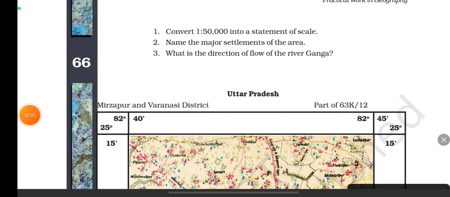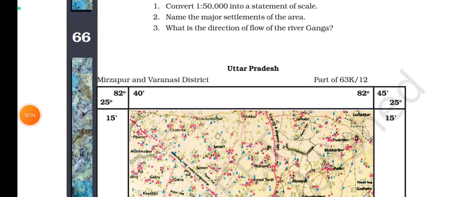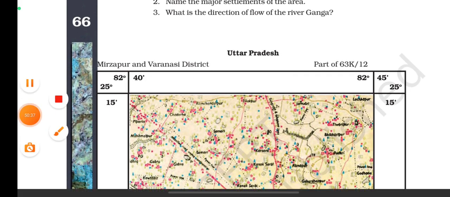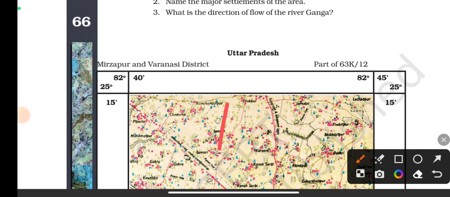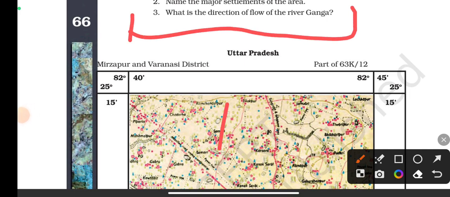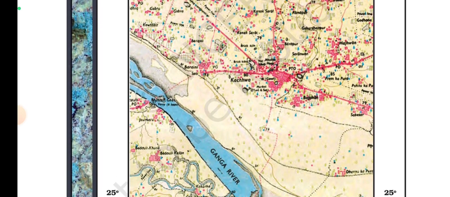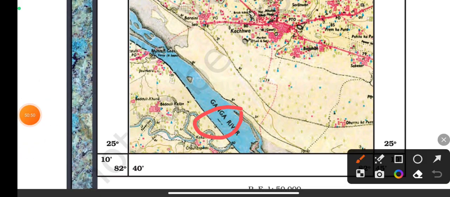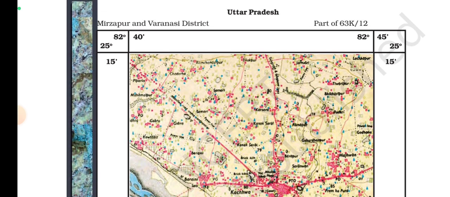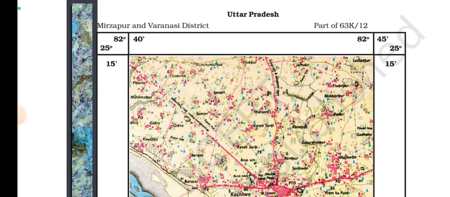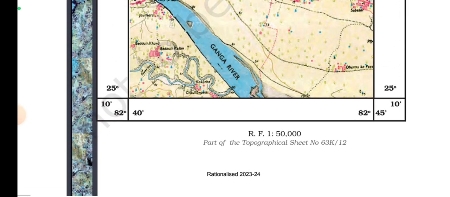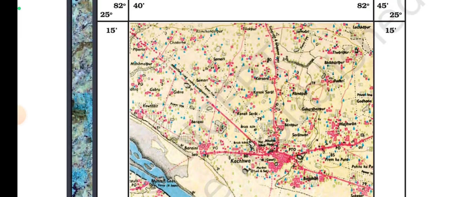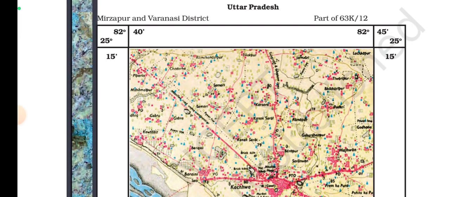And what is the direction of flow of the river Ganga? डायरेक्शन आपको पूछा गया है. तो ये तीनों एक्सरसाइज ये इस मैप के थ्रू आप कर सकते हो ना. गंगा रिवर डायरेक्शन देखो यहाँ पर दिखाया गया है. See this, and if you know this is north, so you can easily now tell the direction. So that's it. Now we have completed.